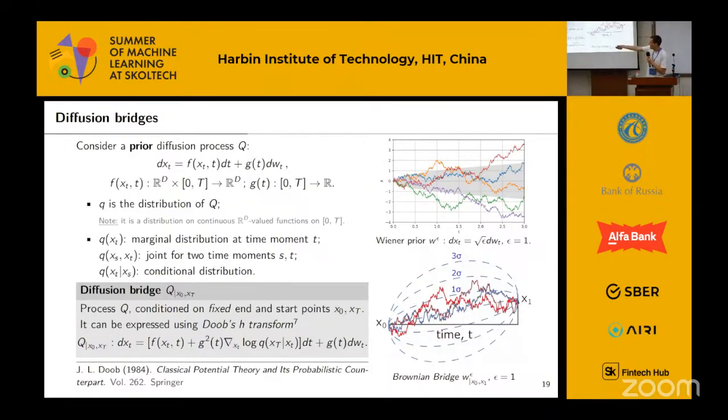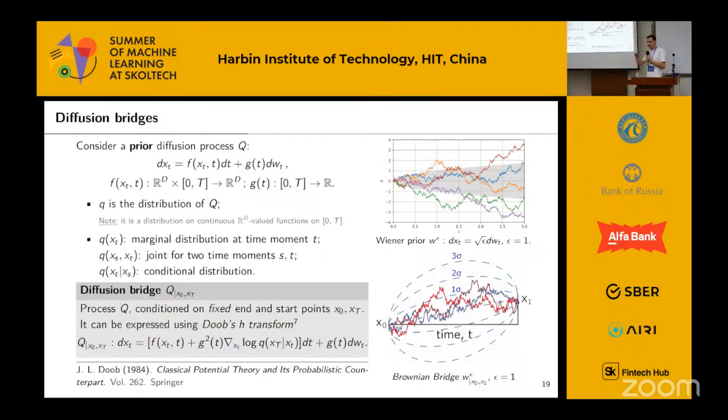So it is the same stochastic differential equation as the original process, but its drift is slightly modified. The drift of this process should be adjusted by this term, which is the gradient of some conditional transition distribution of the process from which you consider the bridge.